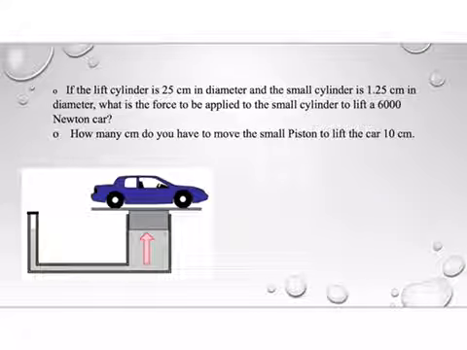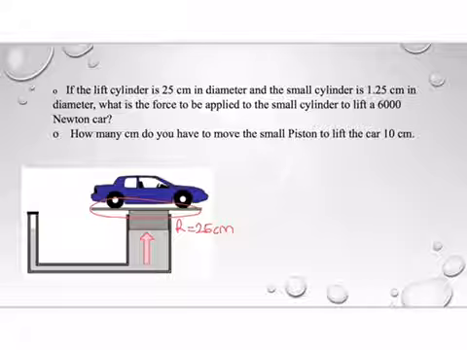We have an example. If the lift cylinder is 25 centimeter in diameter, this is the lift cylinder, it has a diameter of 25 centimeter. And the small cylinder is 1.25 centimeter in diameter.